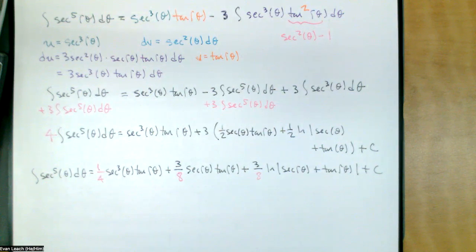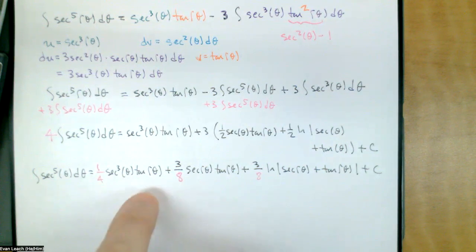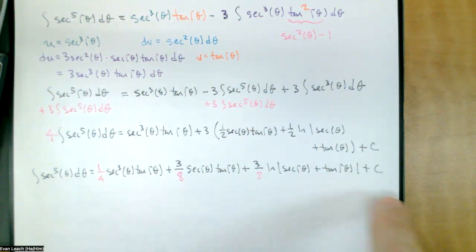At this point, we have enough information to suspect that there's probably some kind of pattern. Integral of secant was just one of these natural logs of this sum. Integral of secant cubed had a secant tangent plus the natural log of the secant plus tangent. The integral of secant to the fifth had a secant cubed tangent, a secant tangent, and then the secant with no tangents.